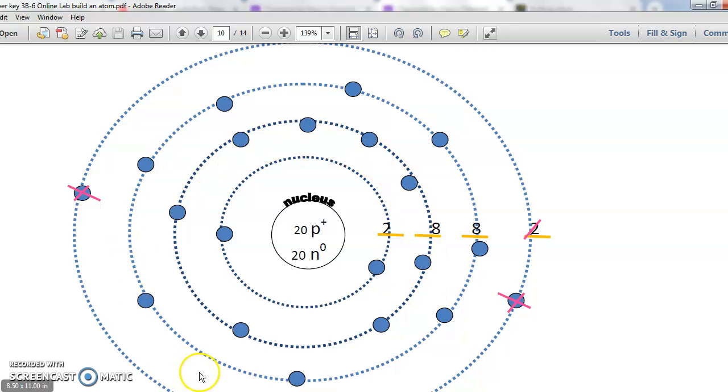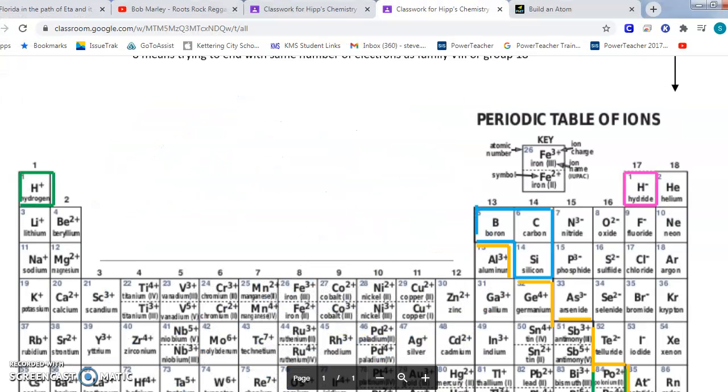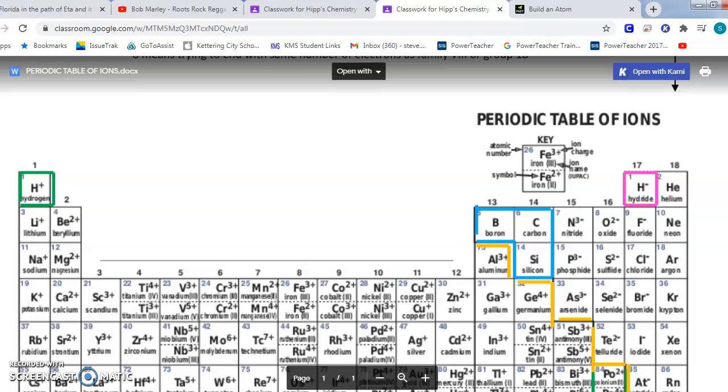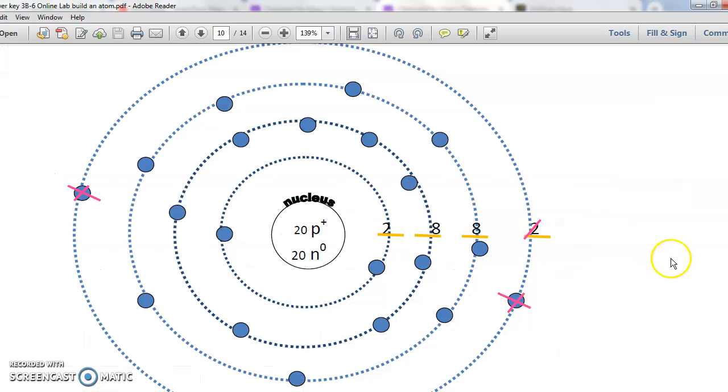Now the 3rd level holds more than 8, but it says put 8 on the 3rd level, then start putting the rest on the 4th level. So we put 2 on the 1st level, 8 on the 2nd level, 8 on the 3rd level. That's 18 total. So 2 will go out onto this 4th energy level. So there's an electron there and an electron there that I later crossed out when we got to other questions. Speaking of other questions, let's take a look at some of the questions we might need to answer here.